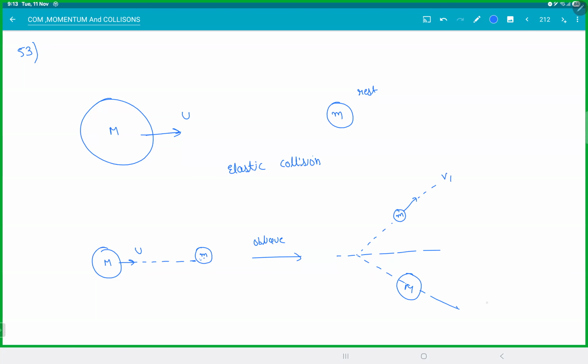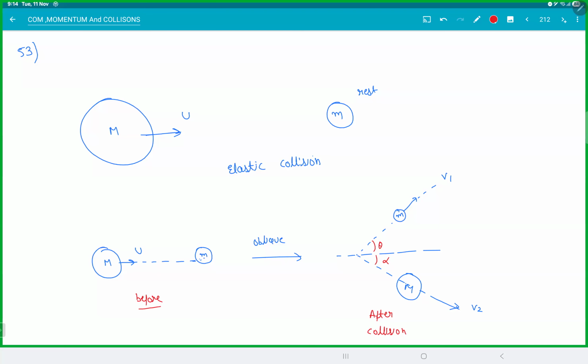Let's call this V1, let's call this V2. This angle is theta and this angle is alpha. So they basically deflect. You're getting it? So this is after collision. The two balls will fly away in two different directions. This is before collision. This is the picture. We don't know exactly where you're colliding and everything.